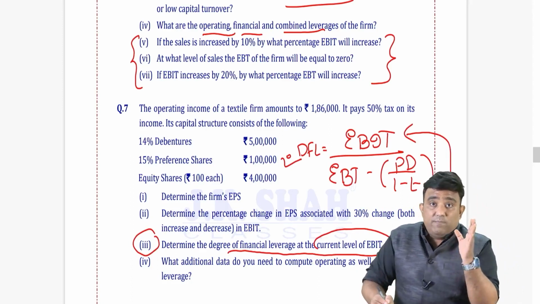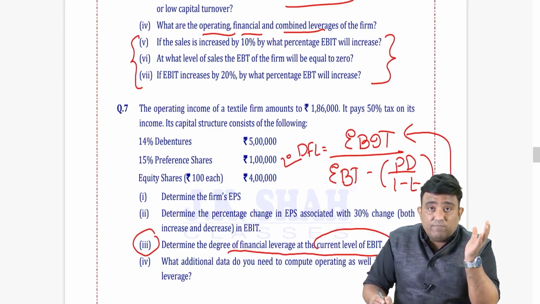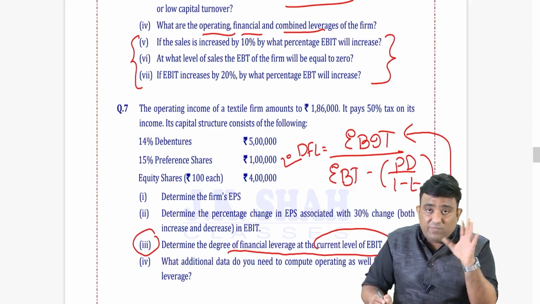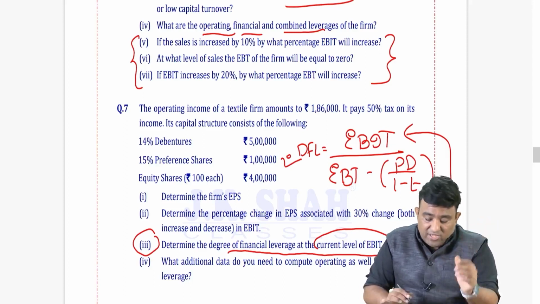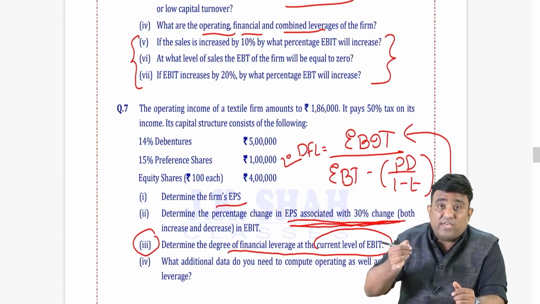Don't be overconfident about the preference dividend point, students. Whenever preference dividend is there, do take PD upon 1 minus T as a part of the formula. If not there, fine, it's EBIT upon EBT. Here you have to calculate EPS, and EPS with 30% change in EBIT, both increase and decrease.